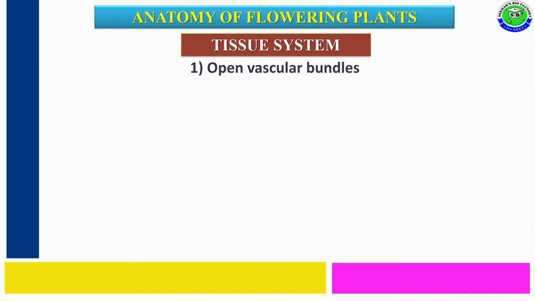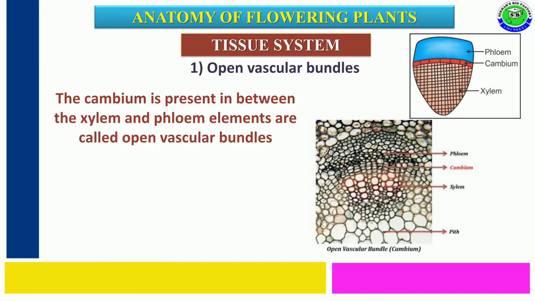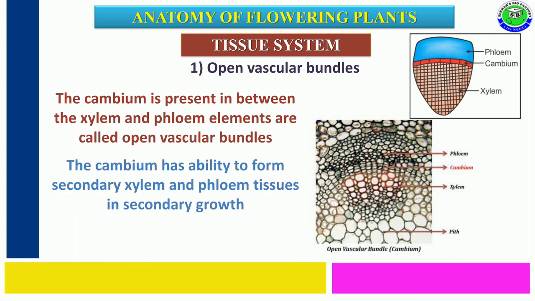In open vascular bundles, in between phloem and xylem there is a cambium. Cambium is secondary meristematic tissue present from the beginning, and due to the presence of cambium in between phloem and xylem, those vascular bundles are called open vascular bundles.